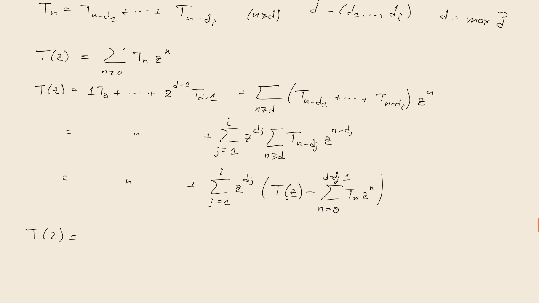Maybe one more step. You have the t of c, then we have minus this sum. And what remains on this side is essentially the same as before.